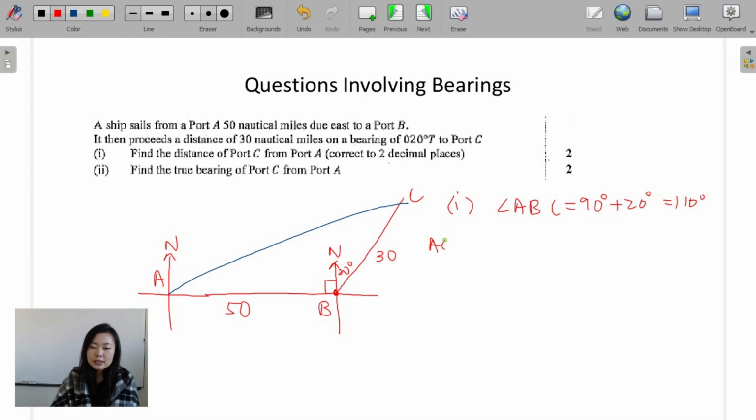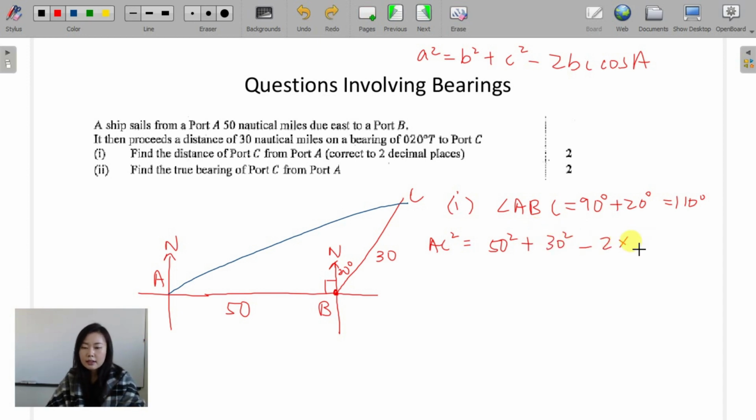So AC squared is equal to b squared. Actually, let me just write it up so you know what I'm talking about. So b squared is 50, c squared is 30, 2bc cos A, 110.